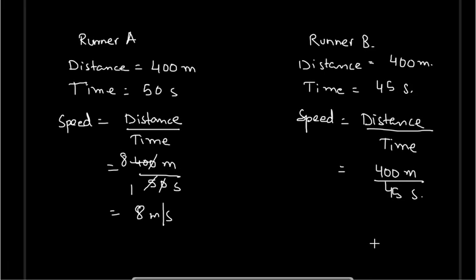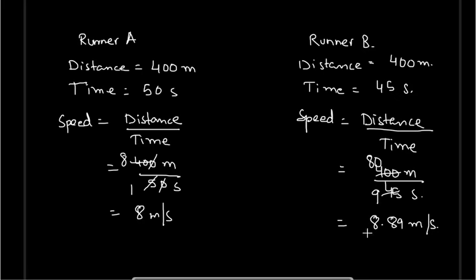When we calculate the speed of runner 2 or runner B, 400 by 45, after all the calculations, you will see your answer is 8.89 meter per second. Take the multiple of 5. So 5 nines are 45 and 5 80s are 400. Now divide 80 by 9, you get 8.89.